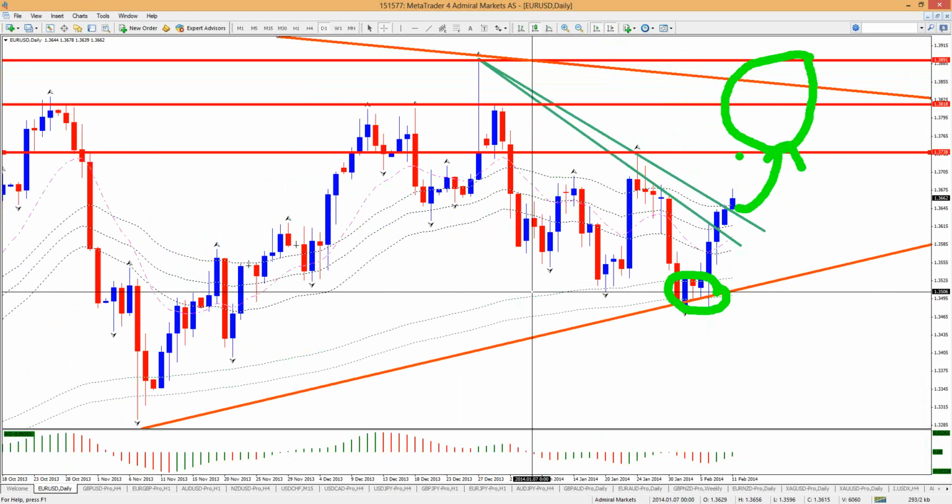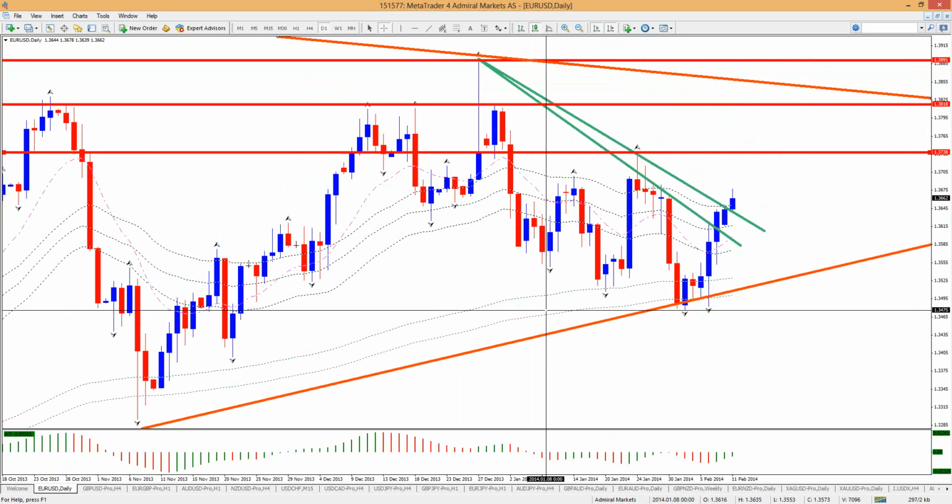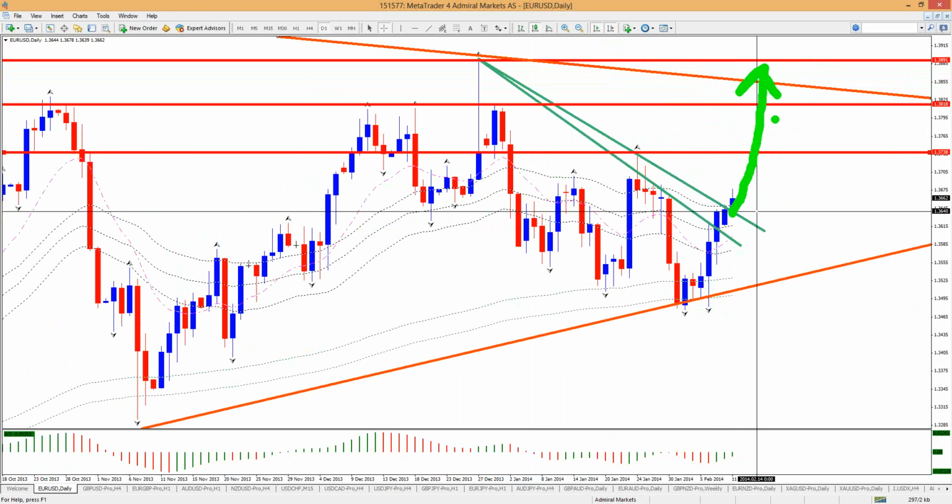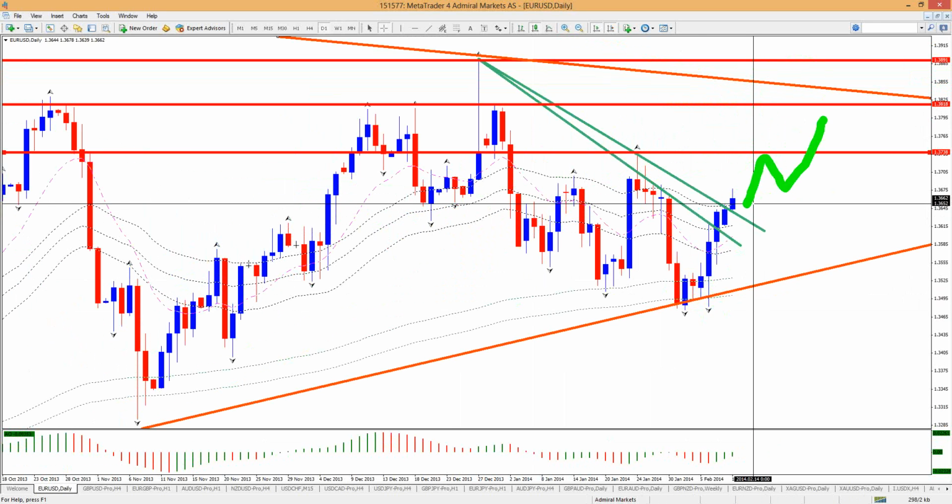Now there's not a lot of space here, but that breakout trade could have a potential to move up in phases like this. Any of those resistances, though, might send the euro dollar again down to the bottom of this wedge, right? So there's not a lot of space here, as you can see.